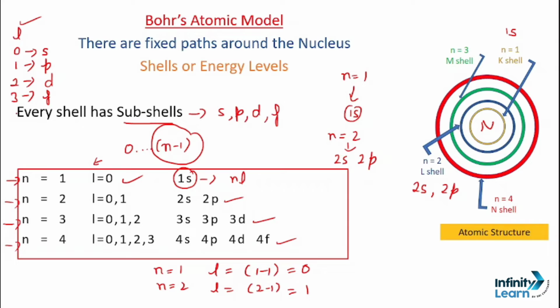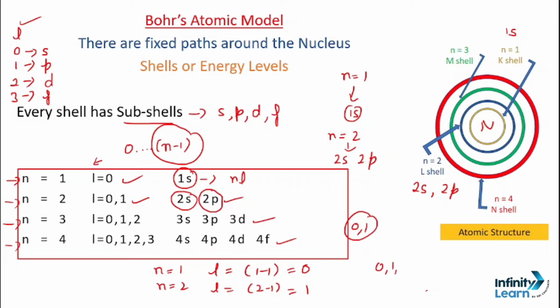As we know that the values of l start from 0 till n-1, and we have got the value 1 here, so 0 and 1 both will be taken for the second shell. That's why according to 0 our subshell will be 2s, and according to 1 our subshell will be 2p.